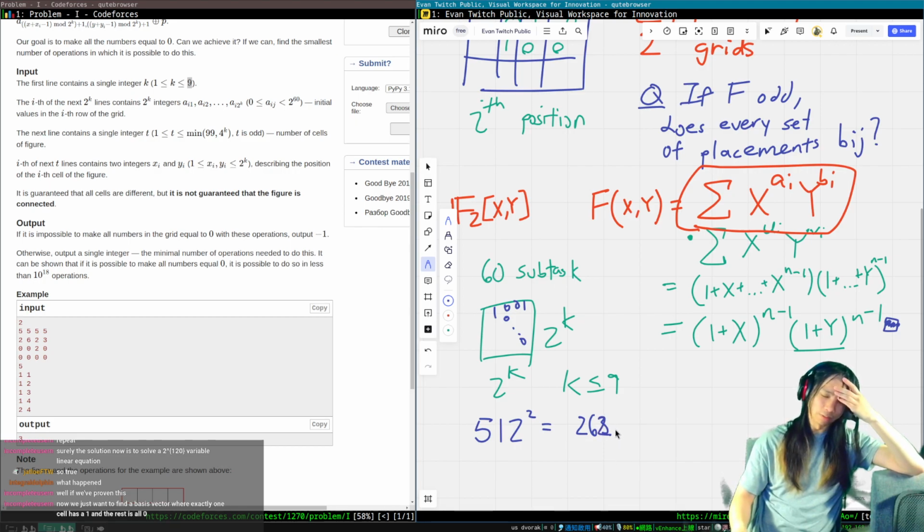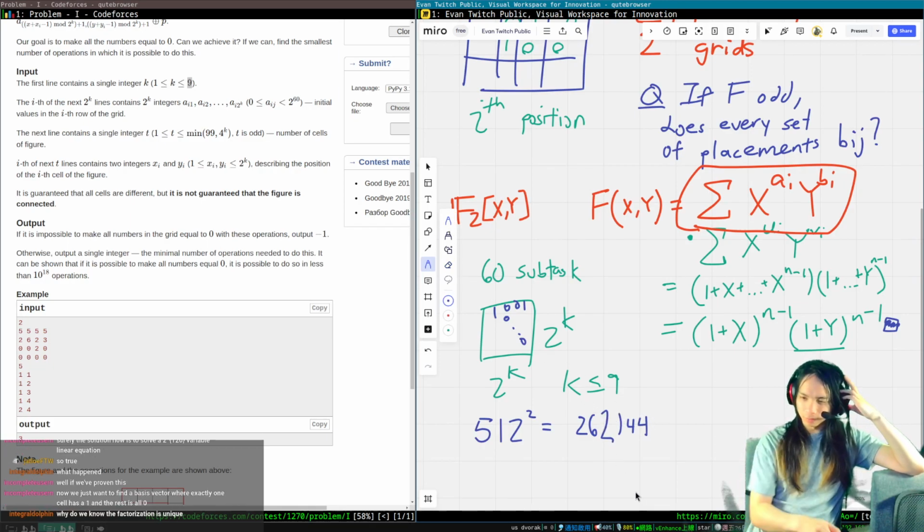I don't even remember. One four four. There was a time when I could compute powers of 2, like I could square numbers much faster than I just did now. So it's a linear equation with 260,000 variables. So I can't find a basis. I don't think I will be able to find basis vectors quickly enough.